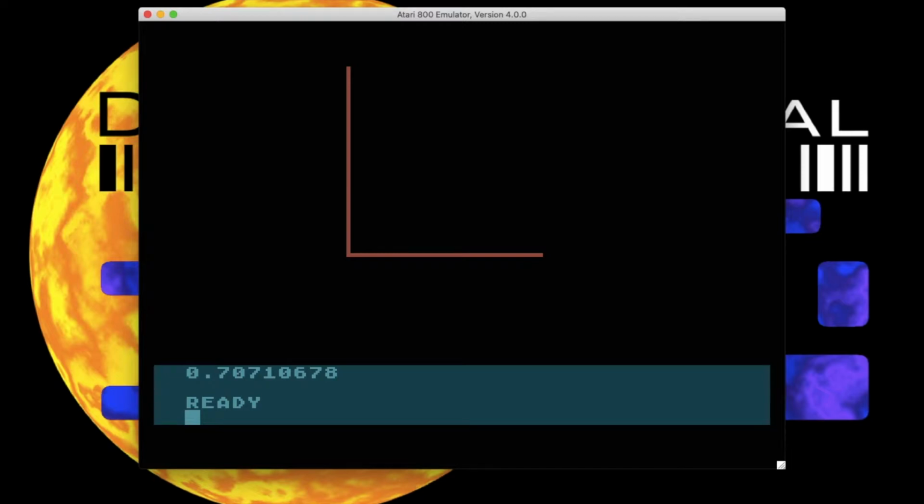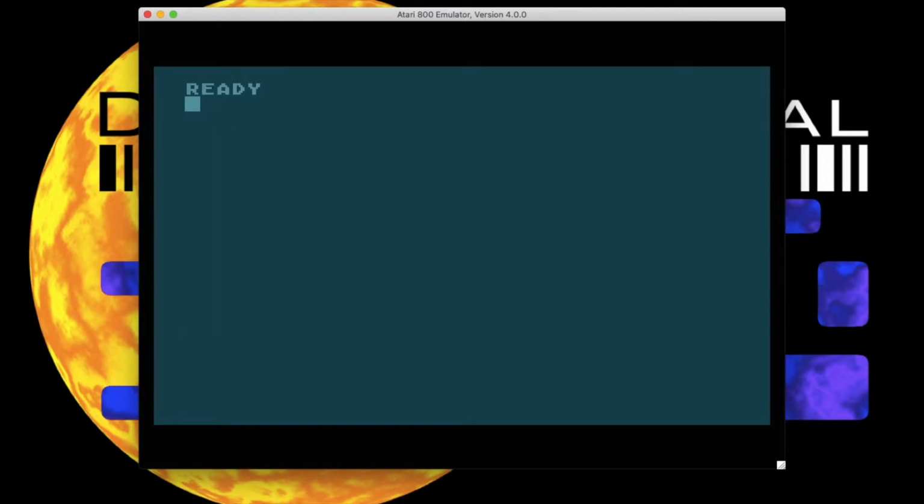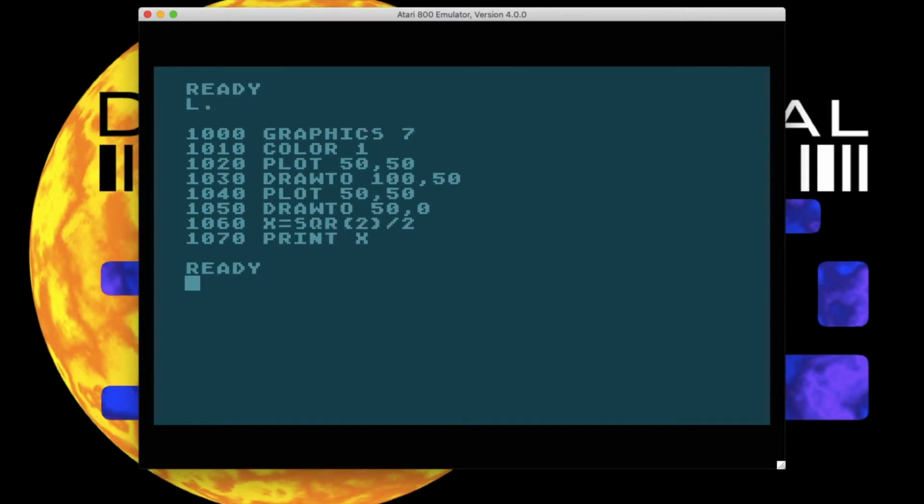Yeah. Square root of 2 over 2. And then if we multiply it by 50, we should get the right answer. Times 50 plus 50.